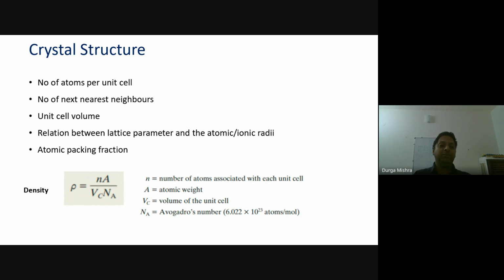Another very interesting parameter is the atomic packing fraction, APF, because that tells you how much of the space is empty in a unit cell.